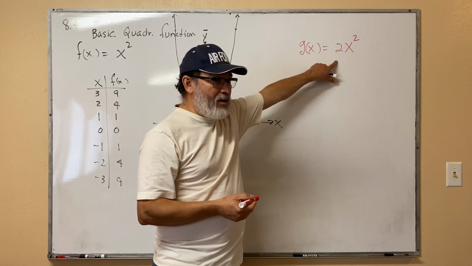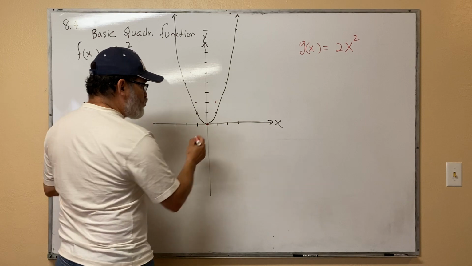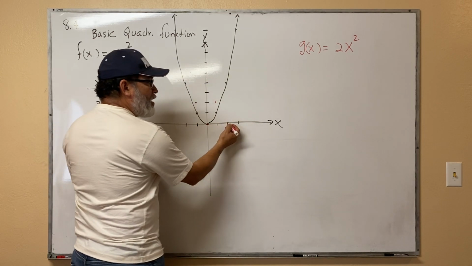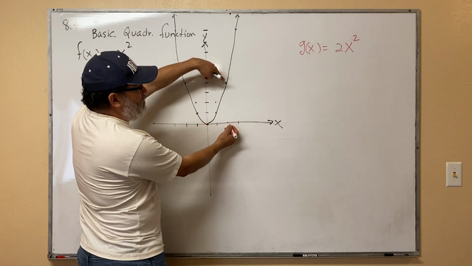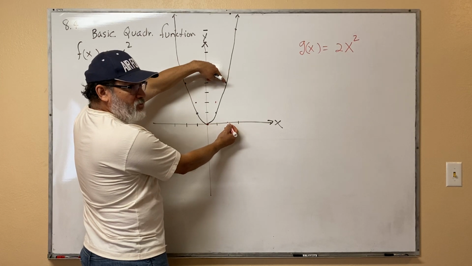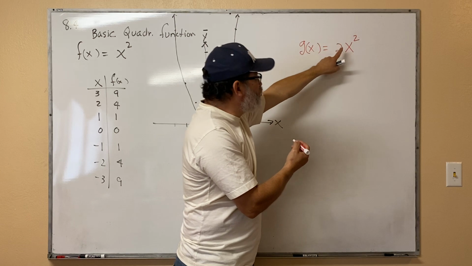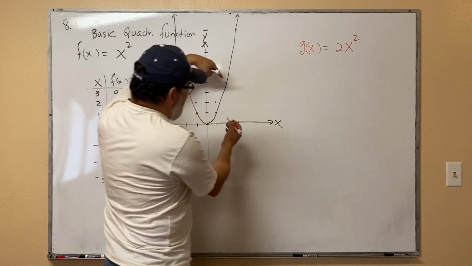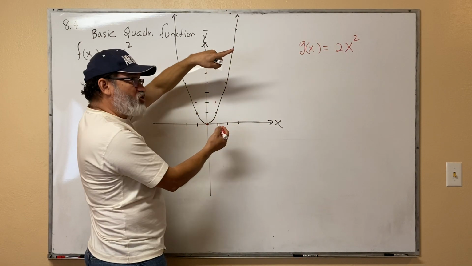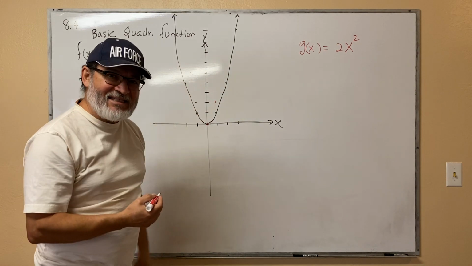For this parabola, twice to your right. Before it was 4. Now you take that 4 and multiply times 2. What's 4 times 2? 8.